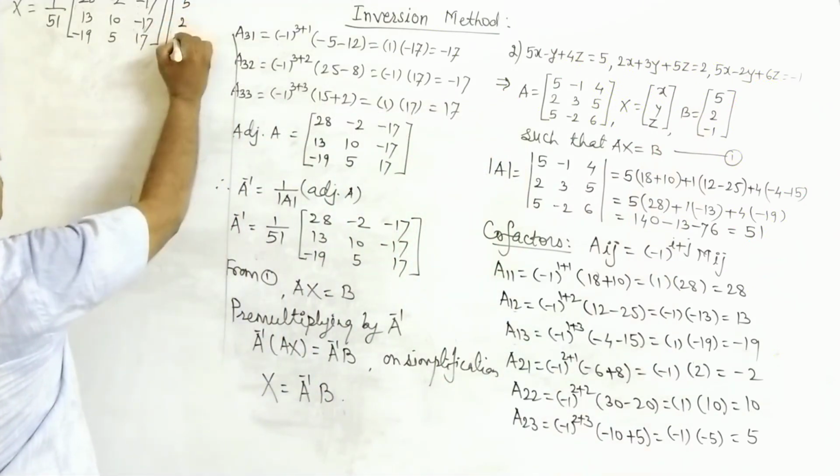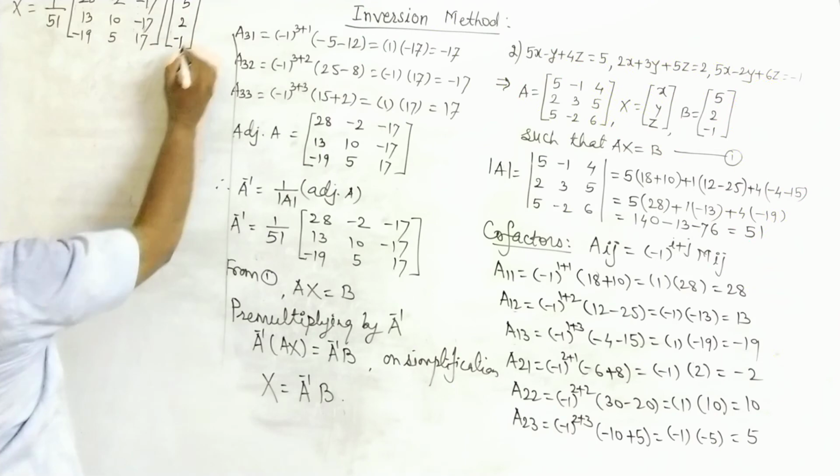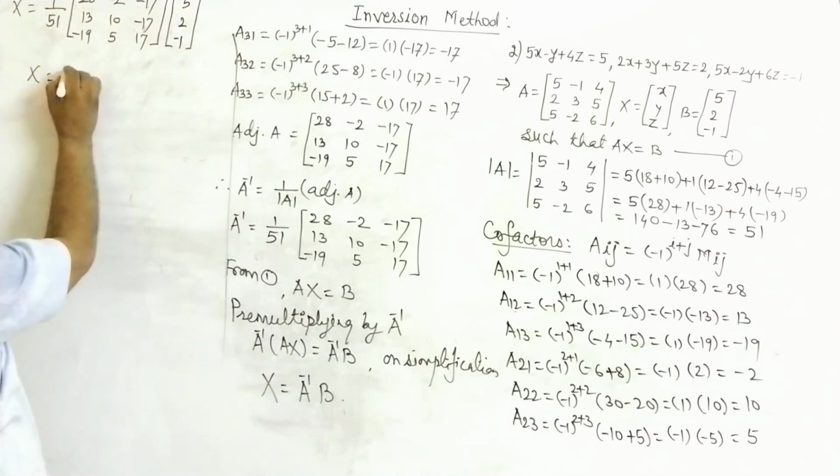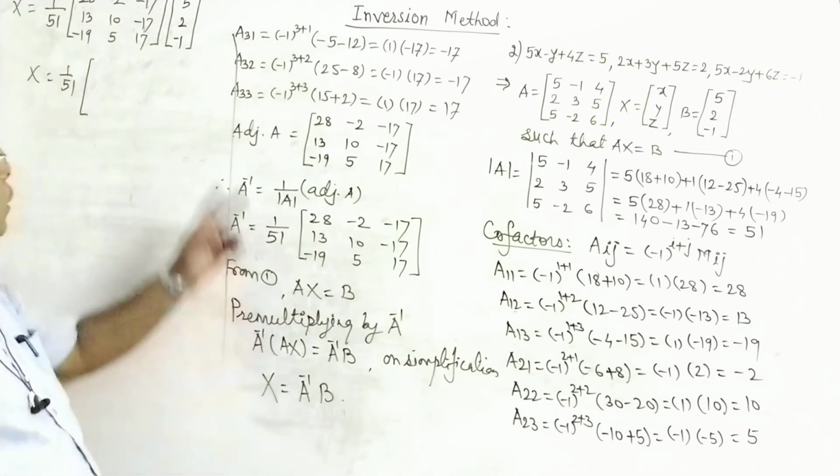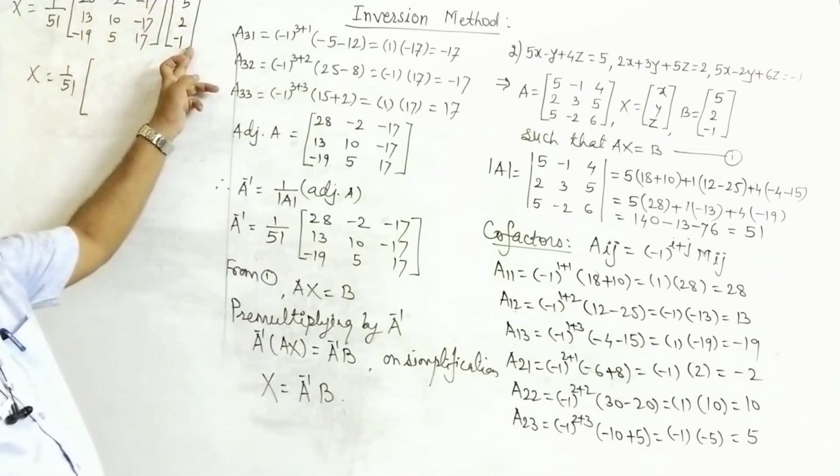Now x is equal to 1 upon 51. How does multiplication happen? Rows into columns.